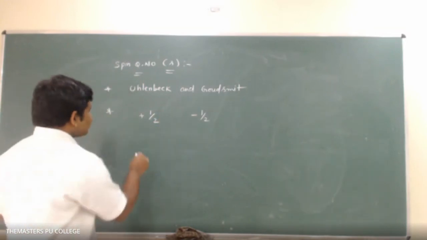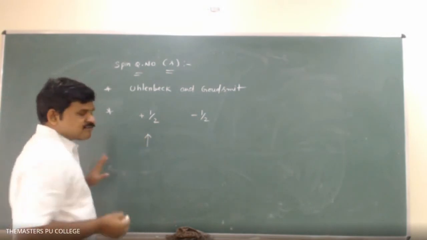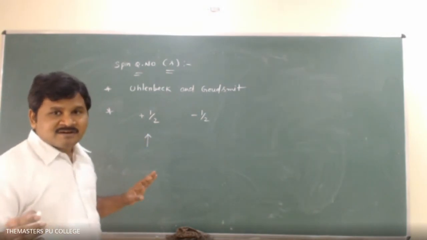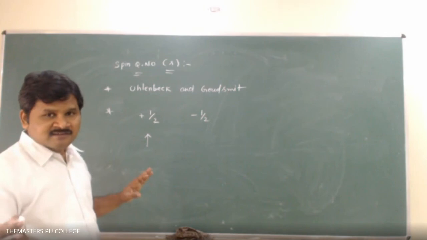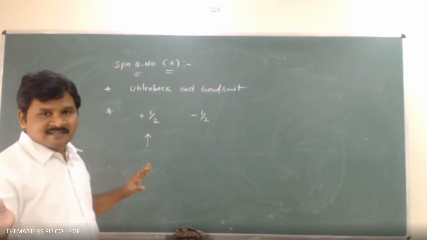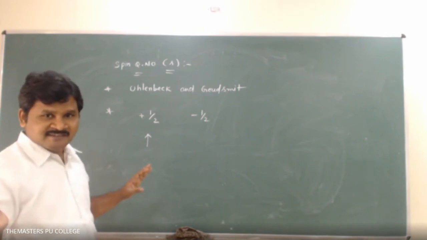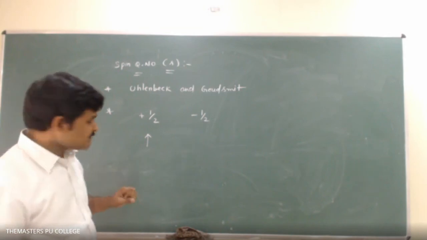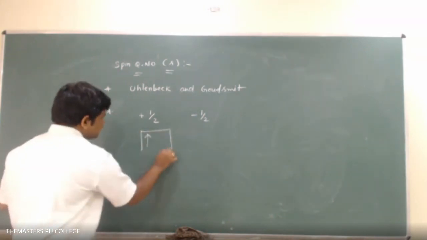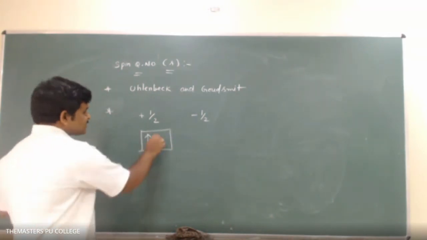Generally, how do we write electrons in boxes, according to your lower classes? In the electronic configuration box method, if you take one box, one electron is in one direction, another is in the opposite direction.